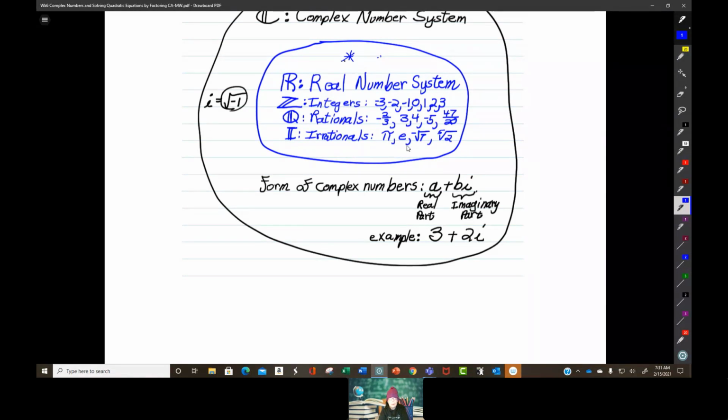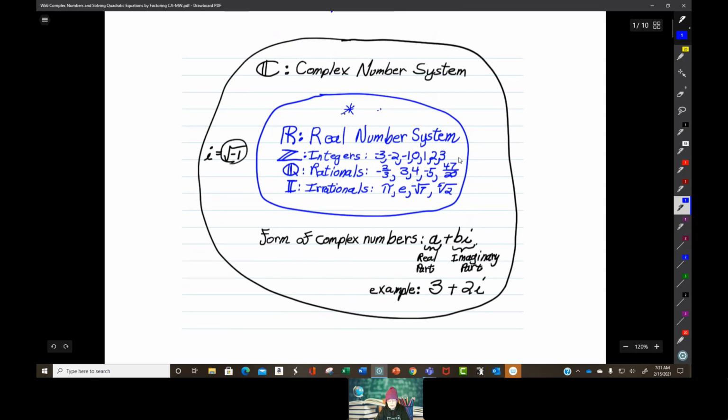It's a number that's about 2.7, but it has a decimal expansion that goes on forever. The square root of 7 or negative the square root of 7 or the 5th root of 2. All of those are irrational numbers, and they are on the x-axis and the y-axis. They're real, they're in the real number system, but they're kind of more of a problem that we don't deal with that often.